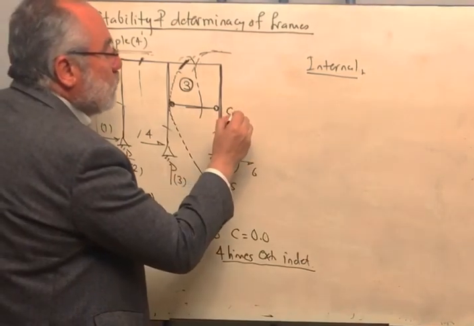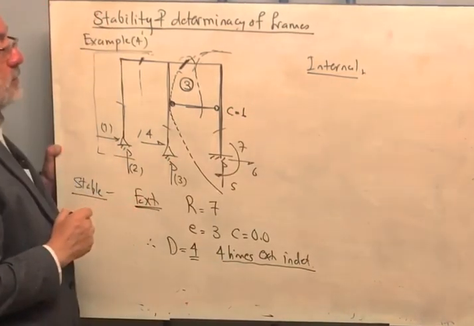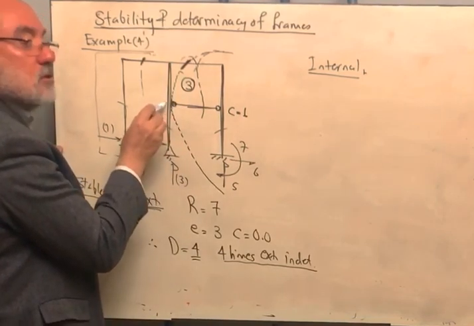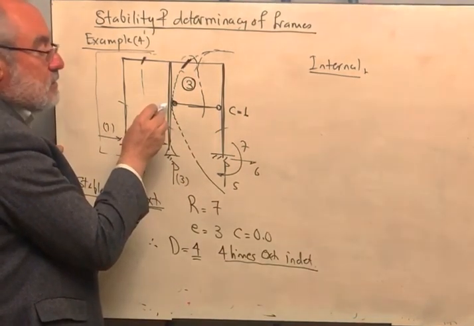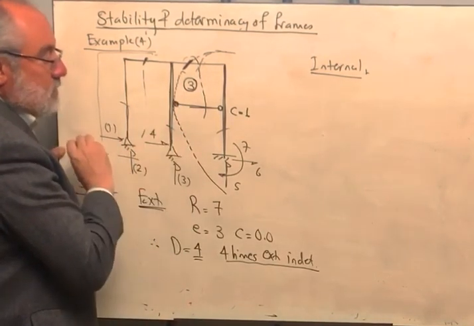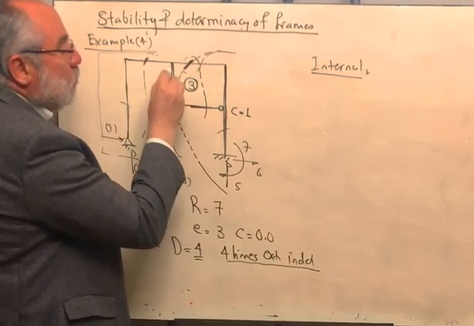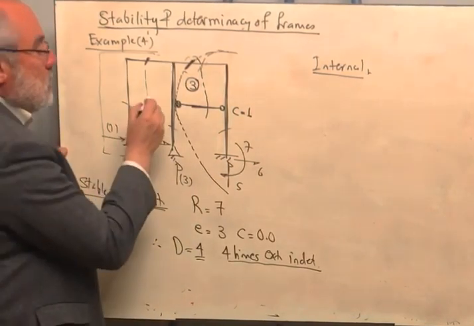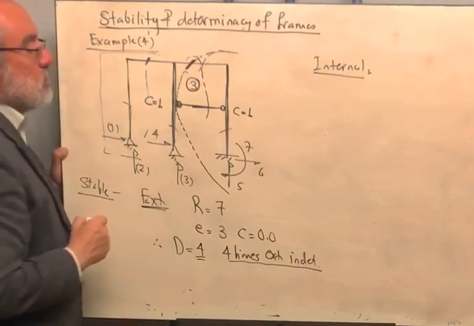So the number of condition equations is equal to 1. And here we are having one member, because the intermediate hinge is not cutting the vertical member. The vertical member is one piece like that. And therefore I'm having here 2 connected members, and we are having an intermediate hinge here. So the condition equation is equal to 1.